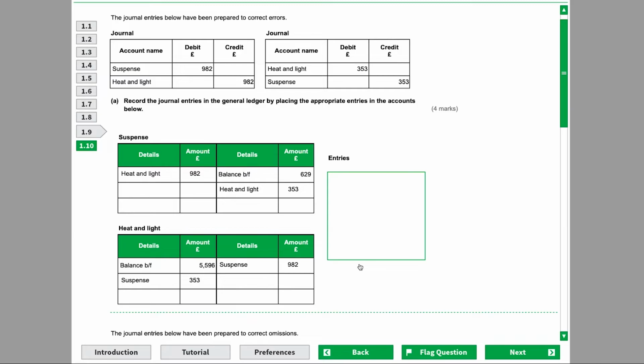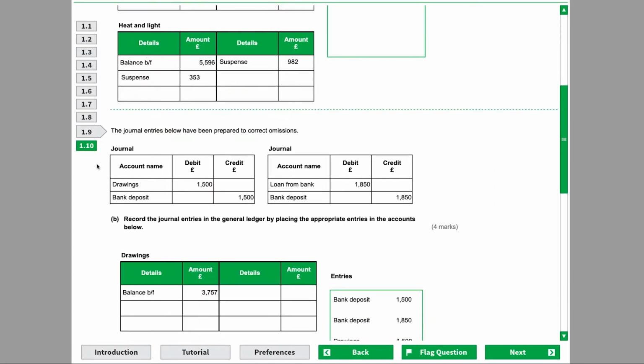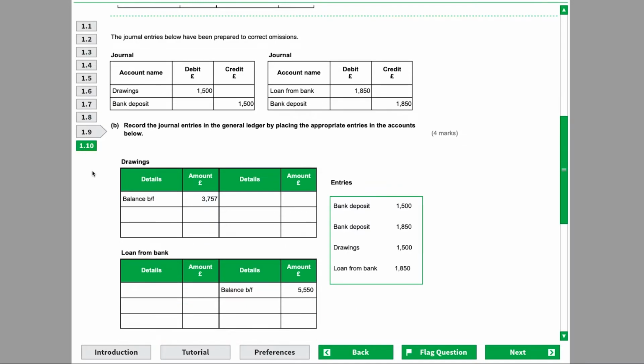This one is really quite straightforward once you know what you're doing. Just follow it to the absolute letter, and remember that you cannot have the detail the same as the account name because we are already in that account. So we can move on to part B. It says go to the drawings, debit it for £1,500, the other half of the transaction being the bank deposit.